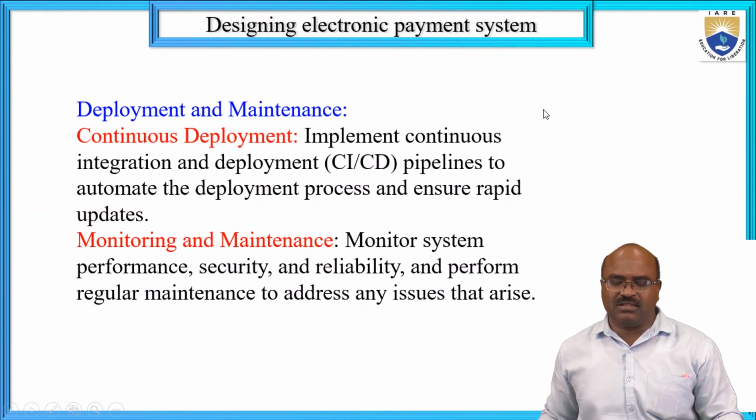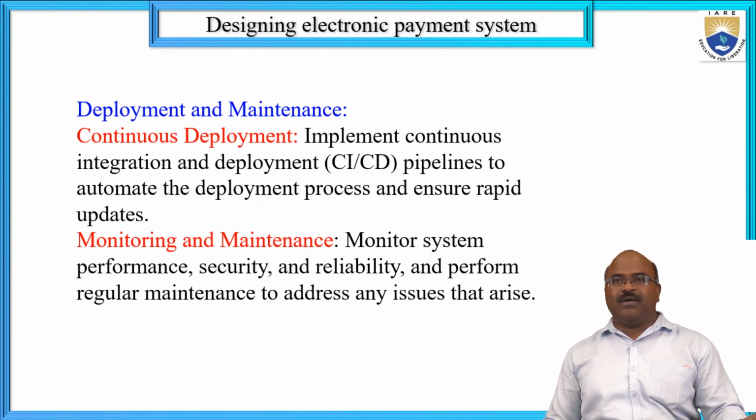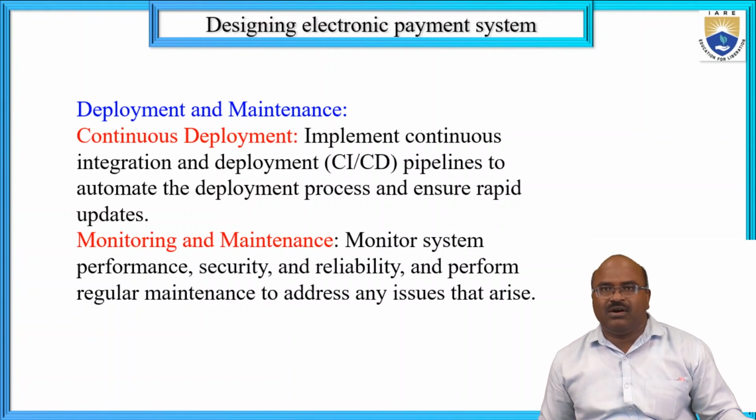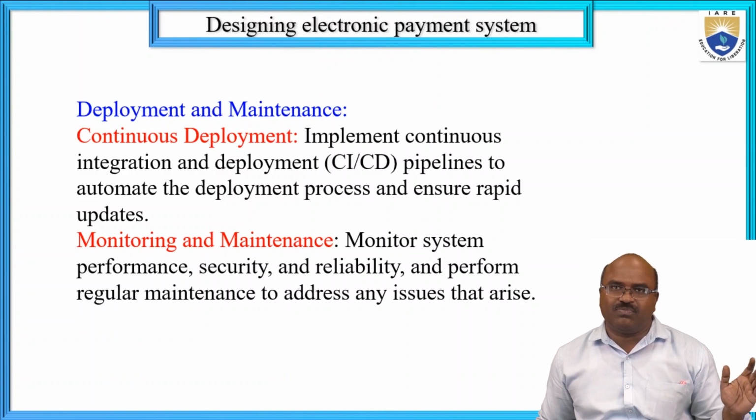Here, with continuous deployment, implement continuous integration and deployment, CI and CD pipelines, to automate the deployment process and ensure rapid updates. Day-to-day, up-to-date information is also required. That technique is called continuous deployment.